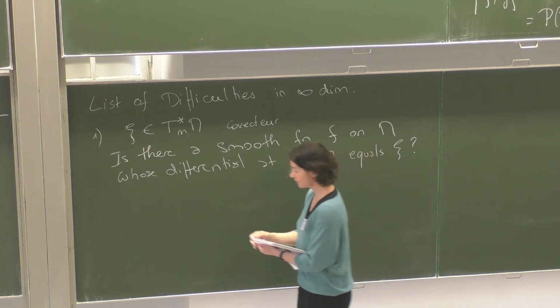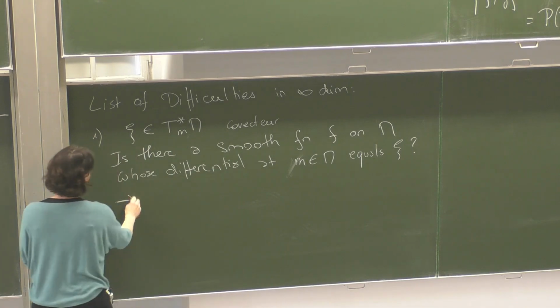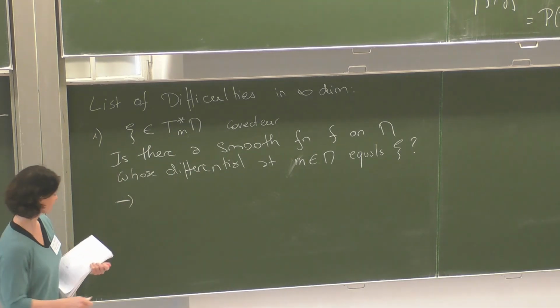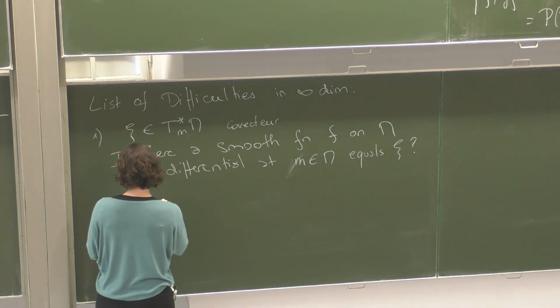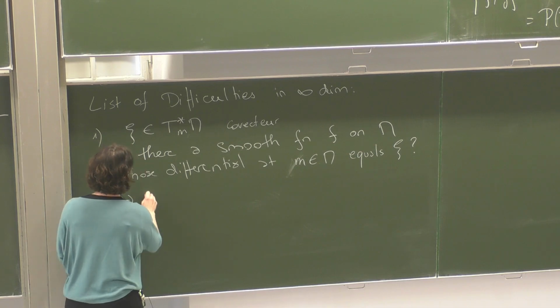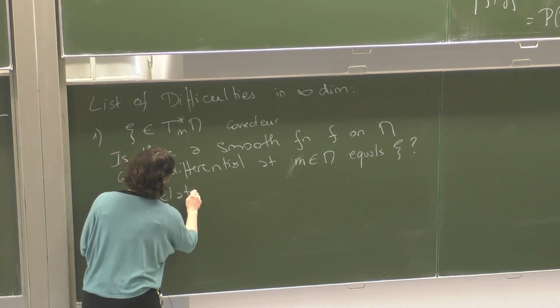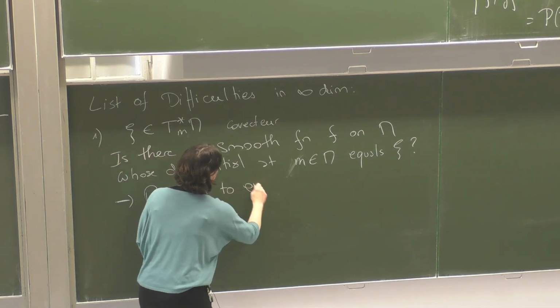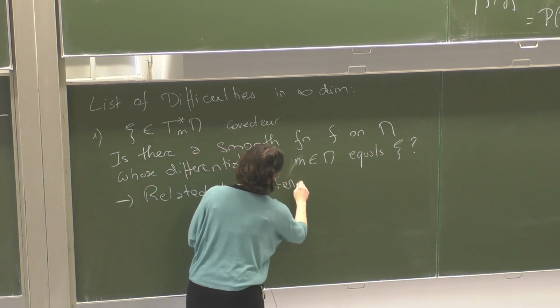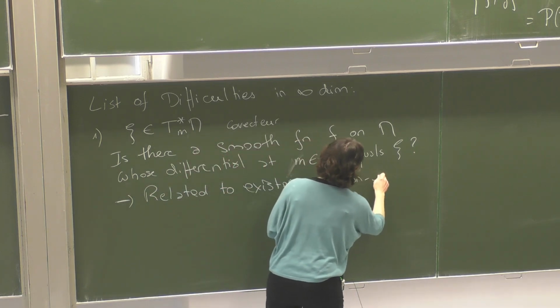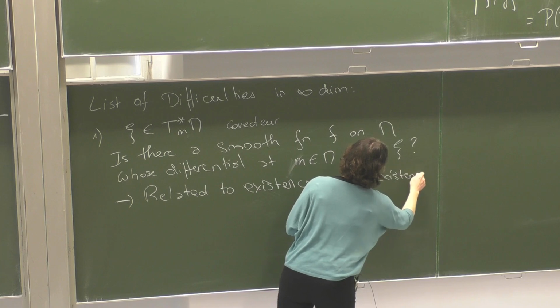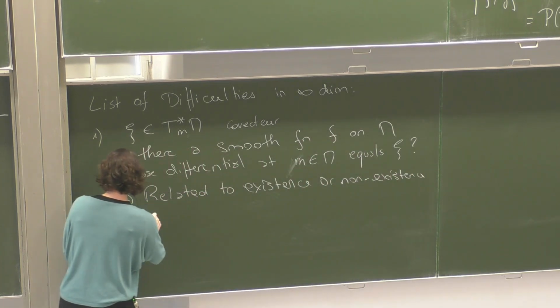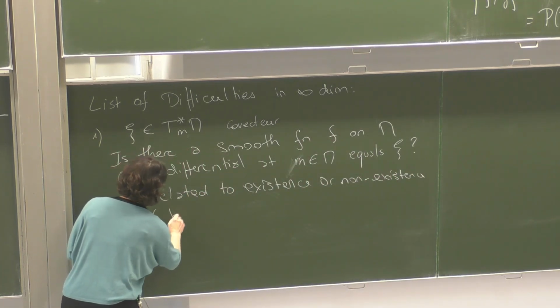The difficulties come from the fact that we may not have bump functions to localize. So this is related to the existence or non-existence of bump functions.